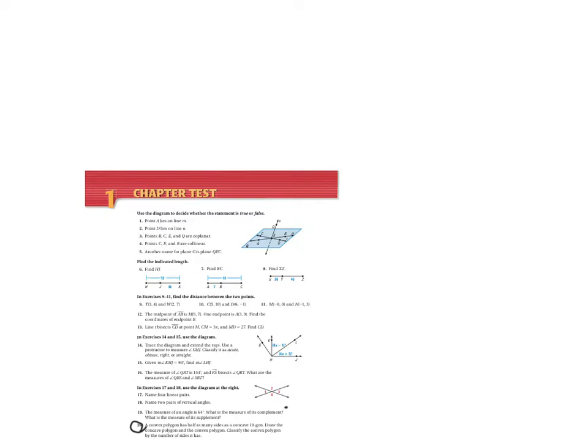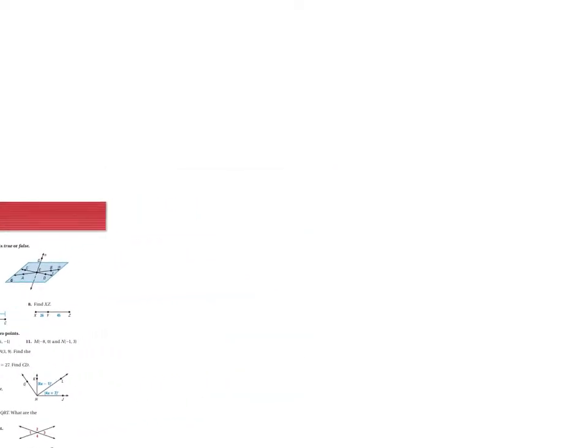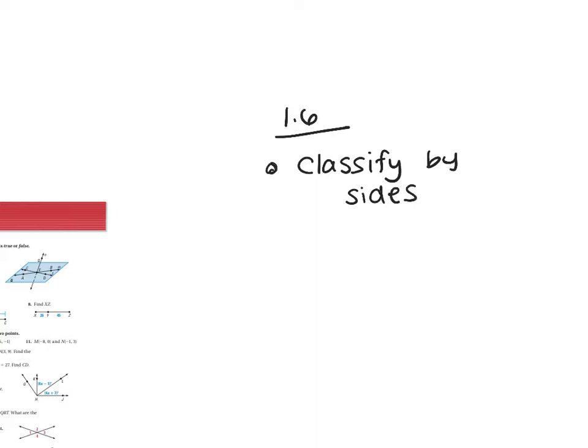For 1-6, you need to know what we talked about on your warm-up. You need to know to classify it by the number of sides. You need to know if it's convex versus concave.